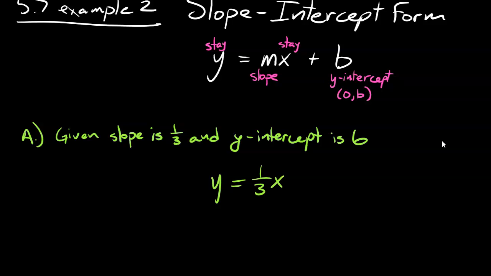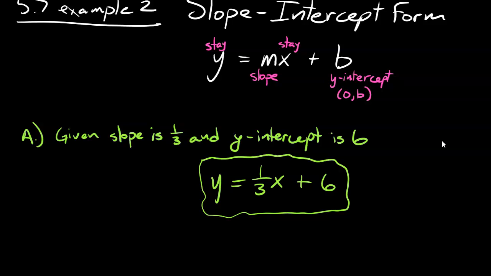Nice. Very nice. 6. I realize this example was bad because my 6 looks like a B. Yes, B stands for the y-intercept. So what you said was perfect. That's it.